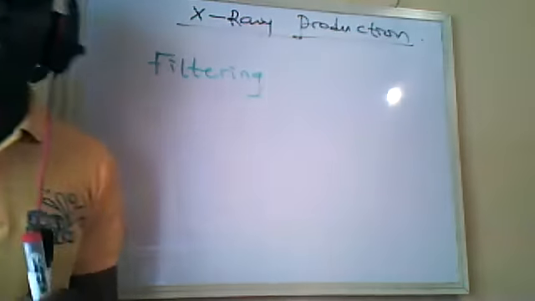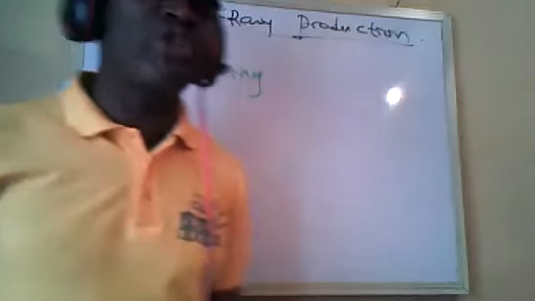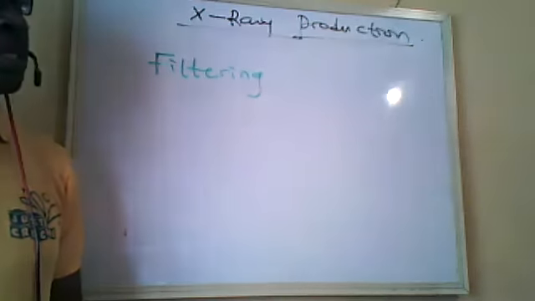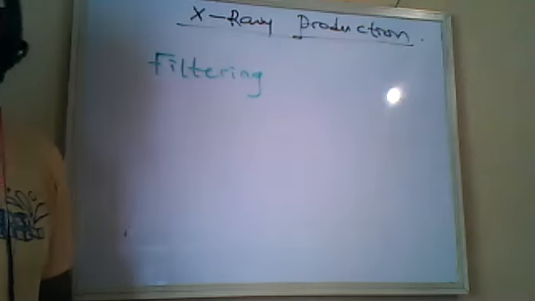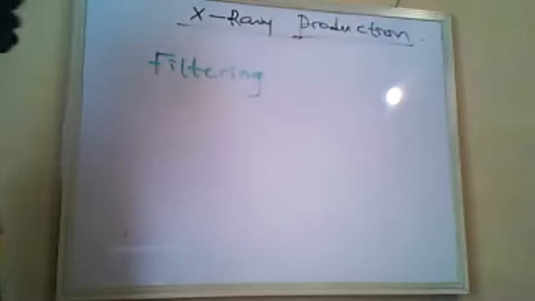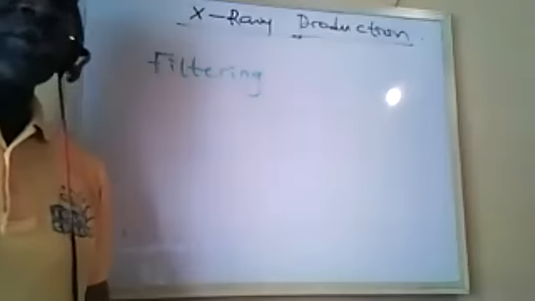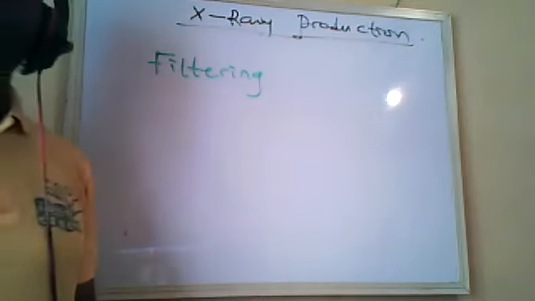It is very, very important to have filters in the X-ray tube so that the low energetic photons, which are not useful for image formation, are removed. So we need to add filters.